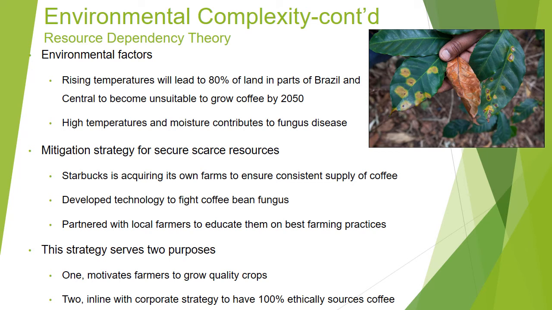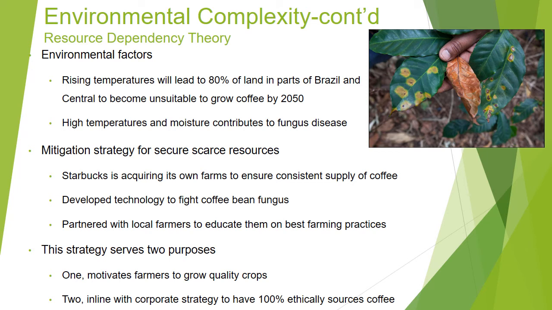To mitigate these challenges, Starbucks began acquiring its own farms and developed technology to fight coffee bean fungus due to excessive moisture and temperature rise. Starbucks also has invested and partnered with local farmers to educate them in the best manufacturing practices and to ensure that the children spend more time in schools rather than working on the farm.